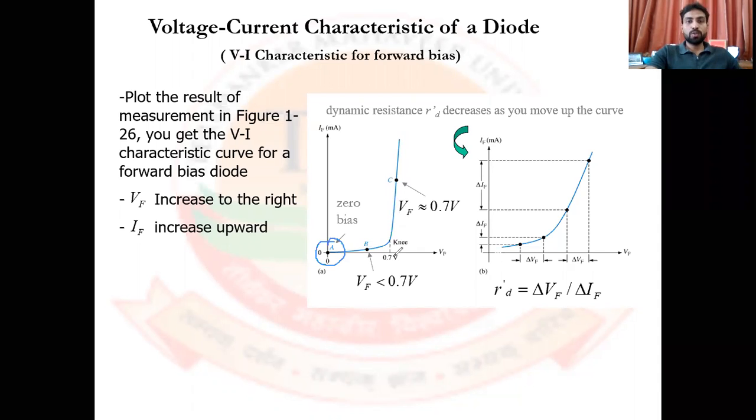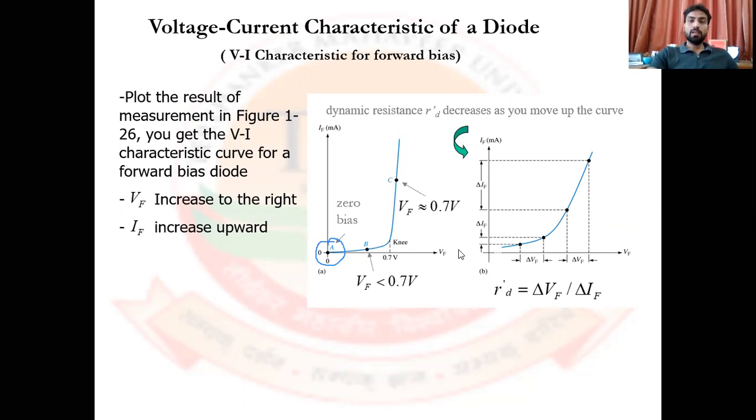This situation is called forward bias. From zero bias, as we increase voltage, the potential drop across the diode keeps increasing, but after some time the potential drop stops. It becomes 0.7 volts, and then there is no further drop across the diode, and this shows the increase in the current.